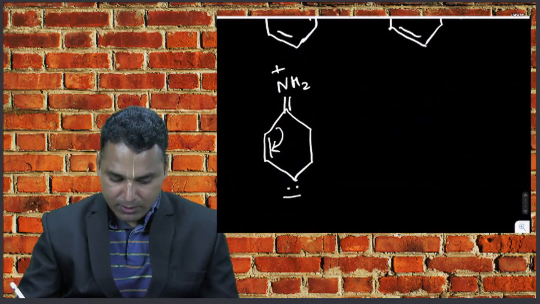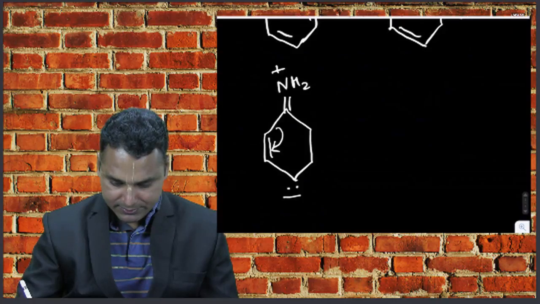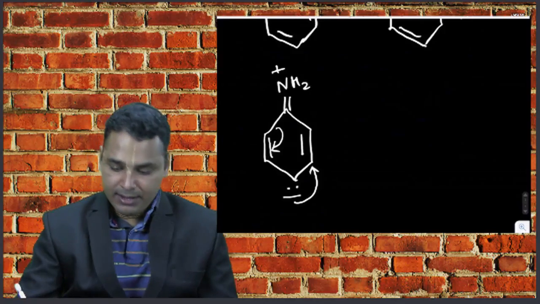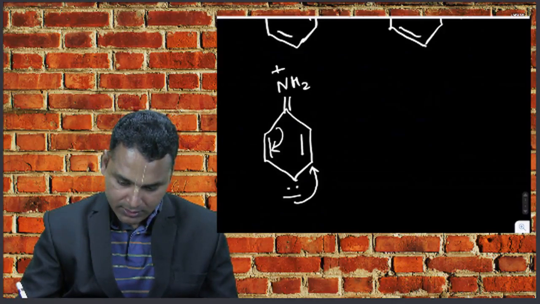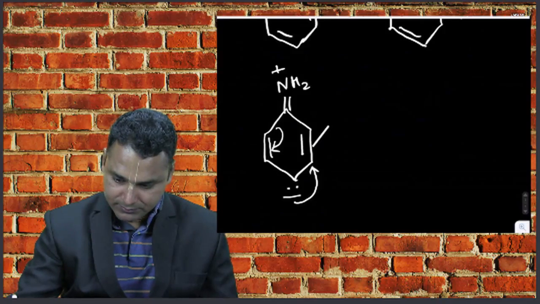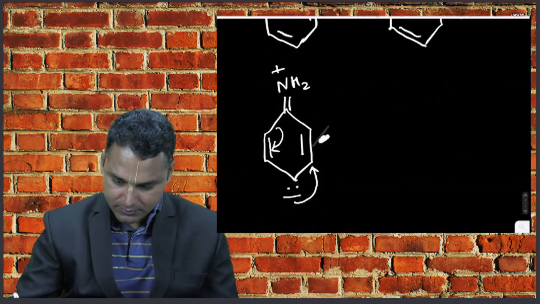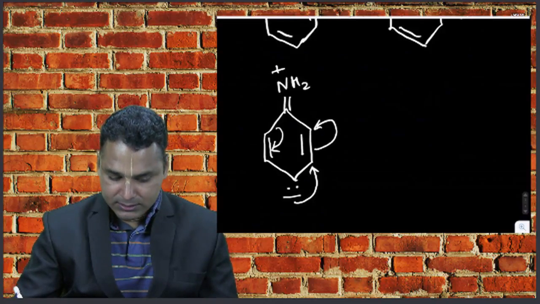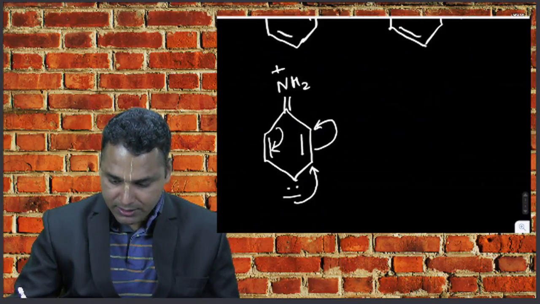So this lone pair of electrons now attacks here. The rest is the same. So now it attacked here, and again this double bond broke down and it has shifted here. So what happened? Now the electrons got shifted here.